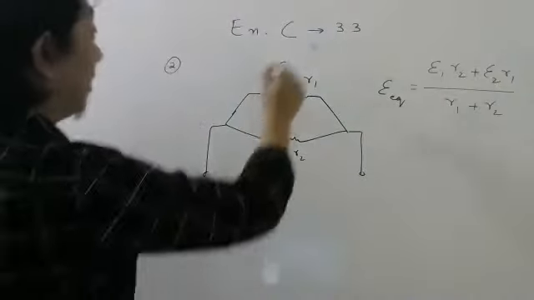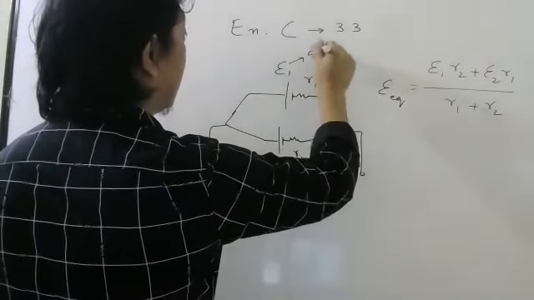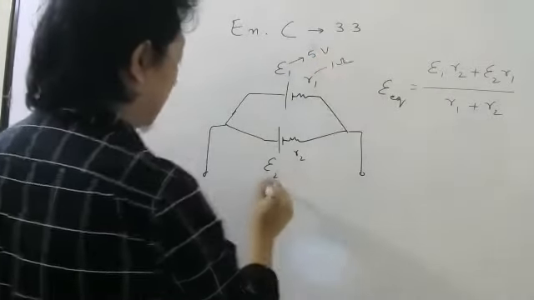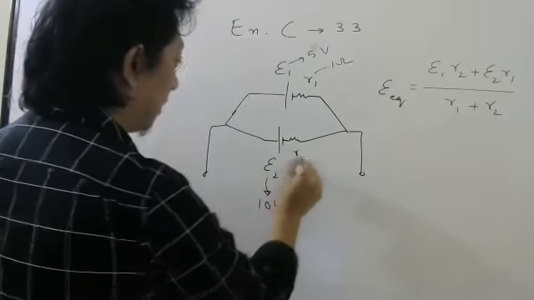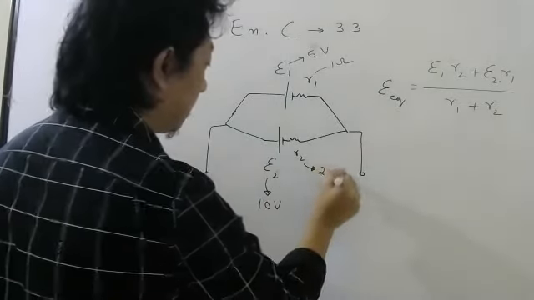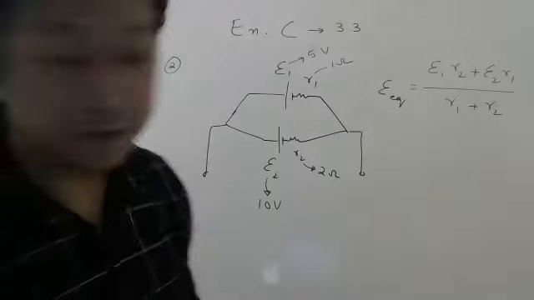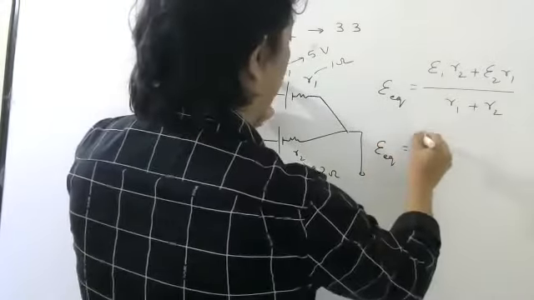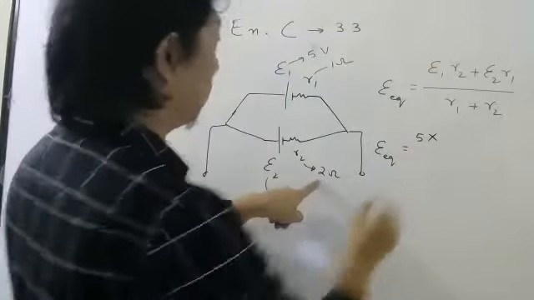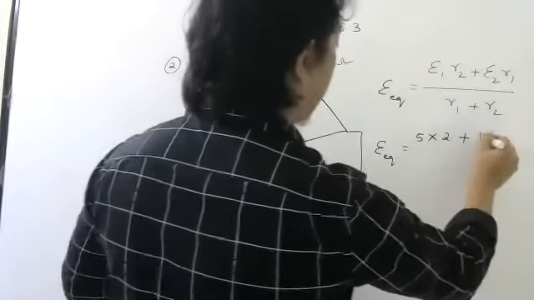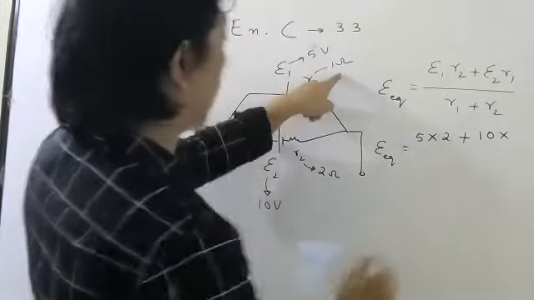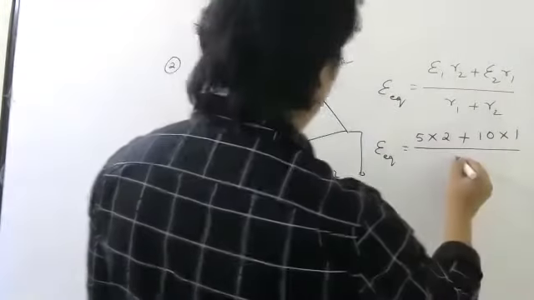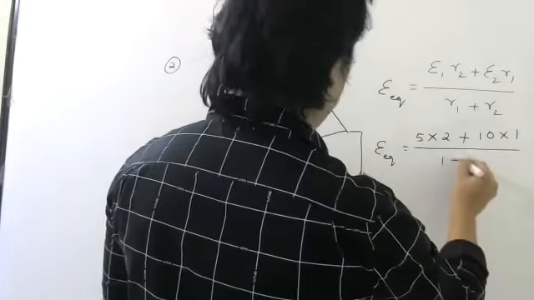So let us check with some example. Let us say this is 5 volt, this is 1 ohm, this is 10 volt and this is 2 ohm. So what will be the equivalent EMF? 5 into R2, which is 2, plus E2, which is 10, into R1, which is 1, divided by R1 plus R2, which is 1 plus 2.